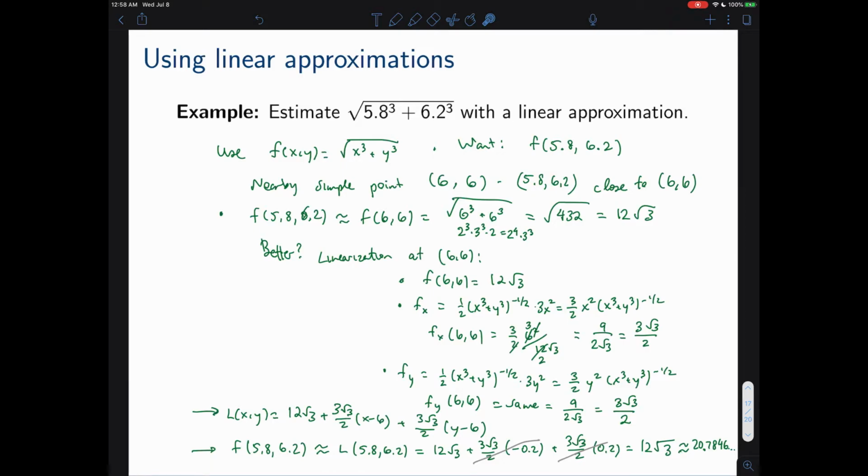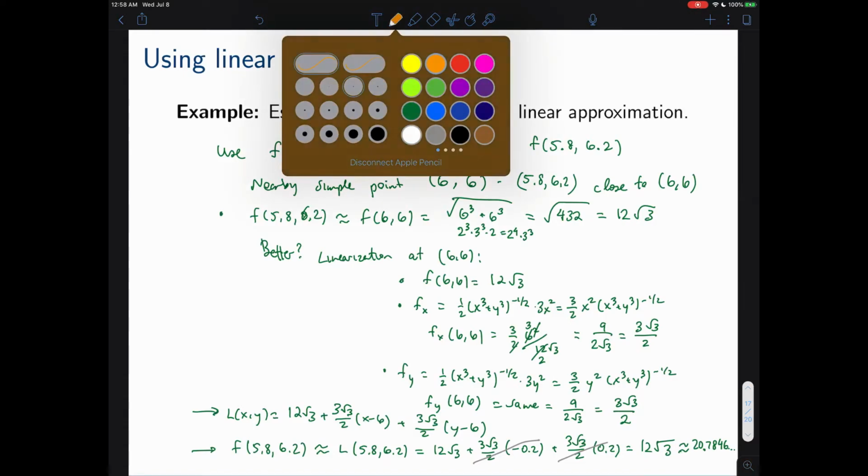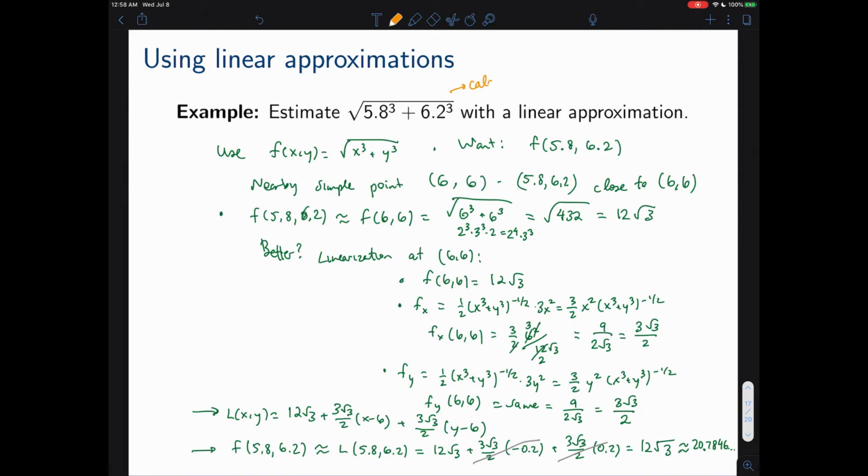In case you're curious, a little bit more decimal places on this square root. If you did it with a calculator, you'd end up with an approximation like 20.81922 dot dot dot.